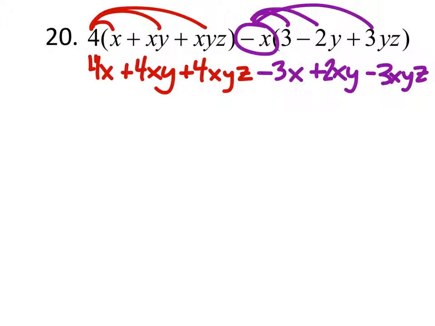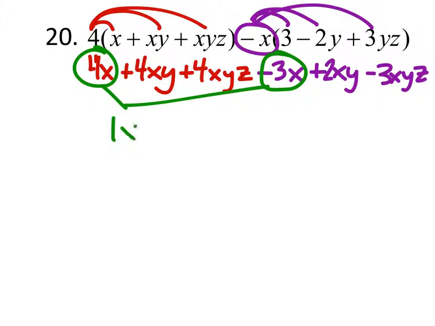Now I just need to look for like terms, and I've got this 4x with this negative 3x, so when I combine these, I get a 1x. Again, it's not necessary that you put the 1 there. I'm okay if you do. I'm not sure if the homework will, though, so just be careful.